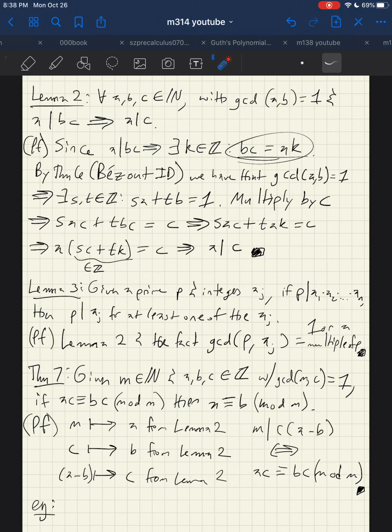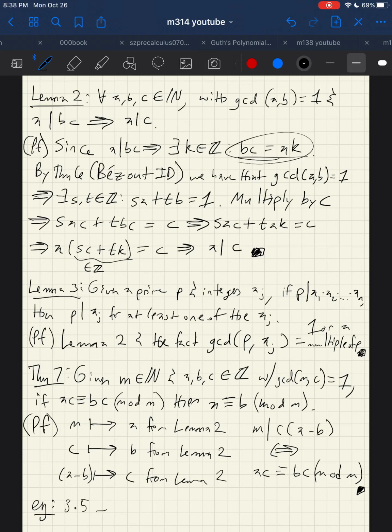But that doesn't always happen. What this theorem says is, even though that doesn't always happen, if M and C are coprime, then when I have AC congruent to BC mod M, I can sort of cancel that C off, because they're coprime. So let's see an example of when I can't cancel that C.